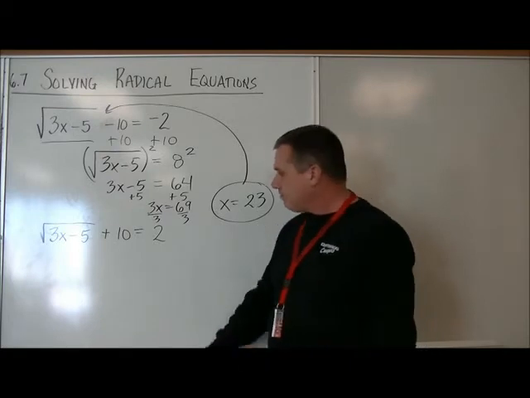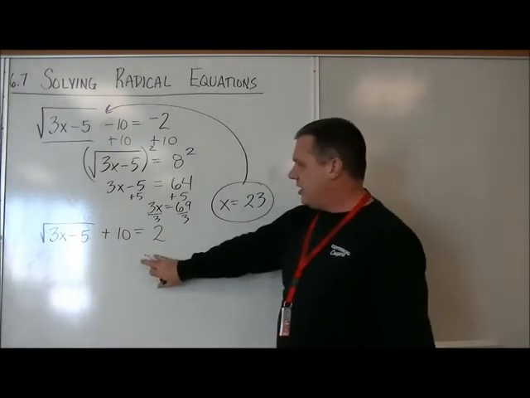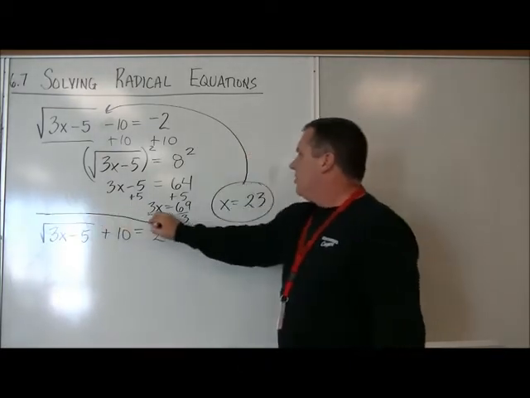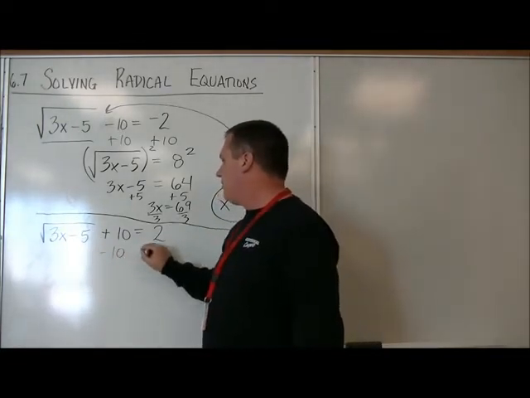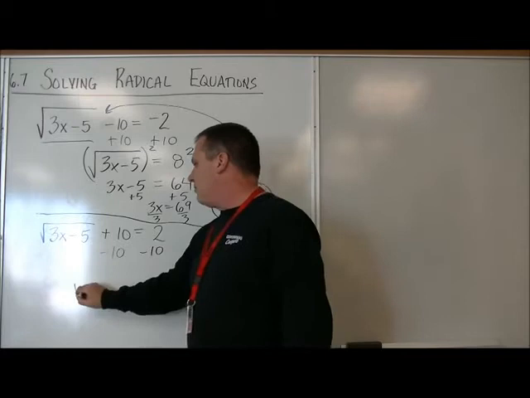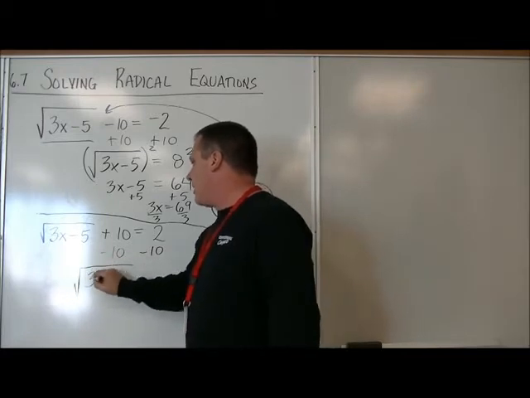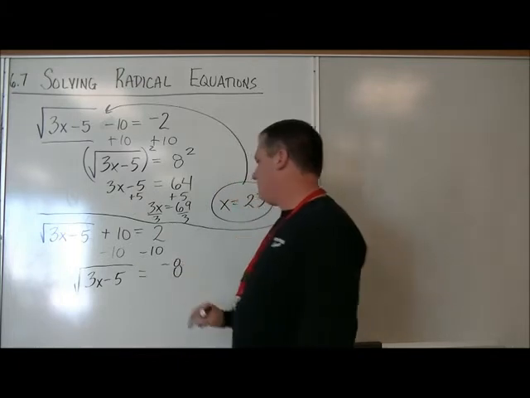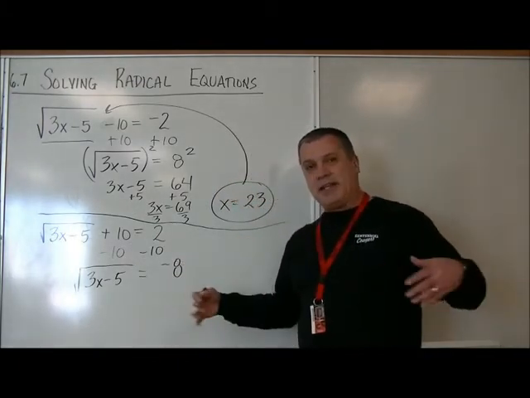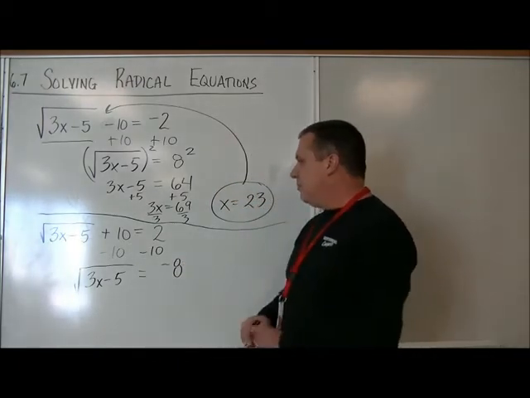Okay? Now this second equation here is a little bit different, and I want to show you something that happens here. When I start to solve this, if I subtract 10 from both sides, I'm still going to get the radical on the left, but look what I have on the right. Now, mathematically, I can go forward from here, but let me tell you something.